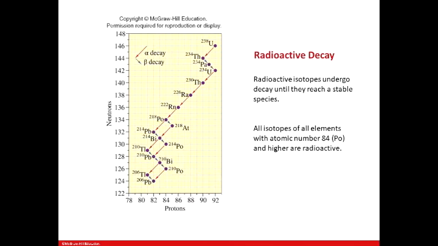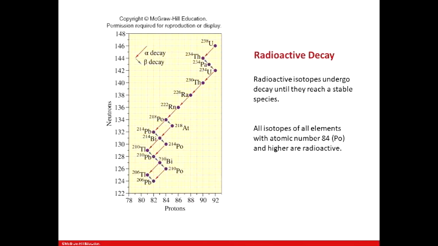So essentially, one element, once it decays, becomes some other stable species, which is also an element. Does everyone follow? All right? So it's decaying, and there's only so many electrons, neutrons, protons, etc.